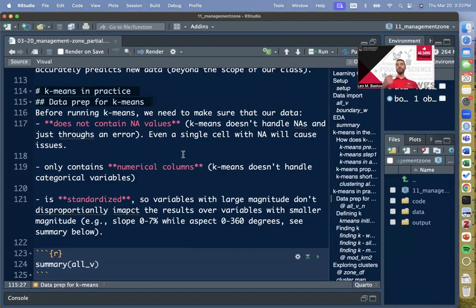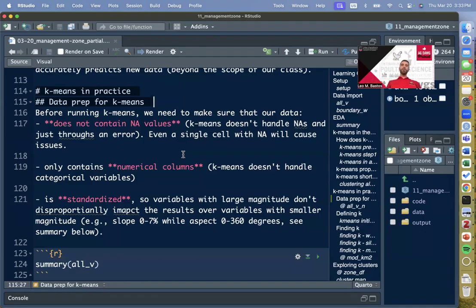If you have even a single NA cell in an entire data set that you give to k-means, it's going to throw you an error. It's going to say it does not know how to handle that. So we need to first remove NA values. As we already talked about before, k-means only works on numerical variables. So we're going to have to keep only numerical outcomes. We cannot give it a categorical outcome.